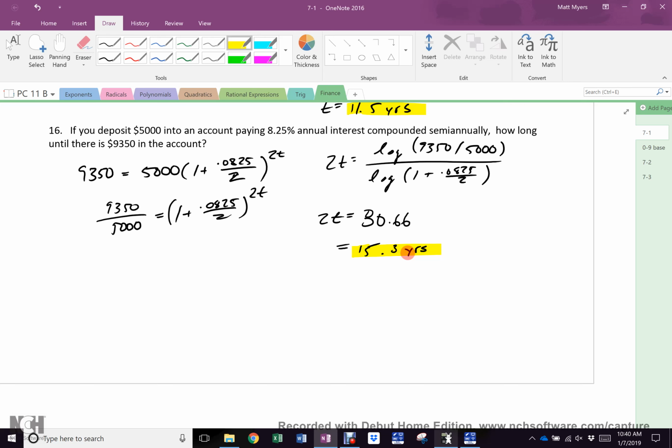Is one of them giving you a hassle, Louis? Which one? 16? Okay, so I just started. My P is 5,000, right? I want 9,350, so that's my final amount. 8.25%, 0.0825, right? Compounded semi-annually, so that's twice. I should have changed colors there. Make it green.